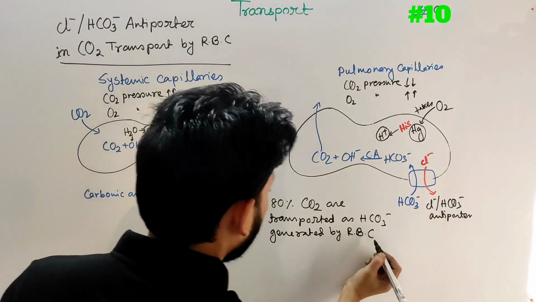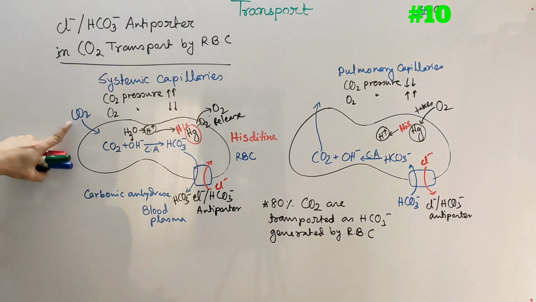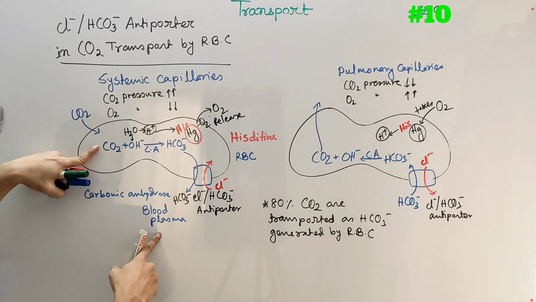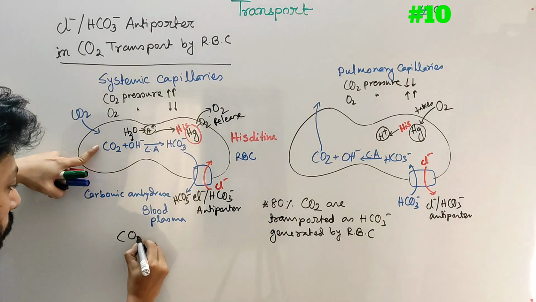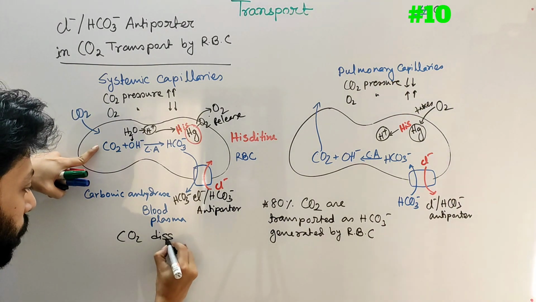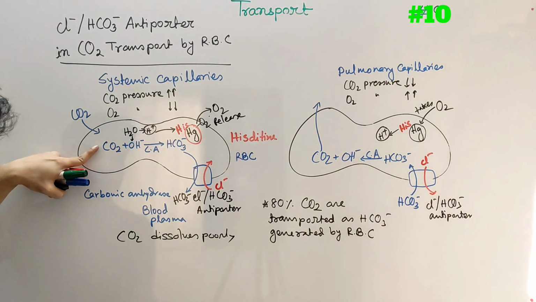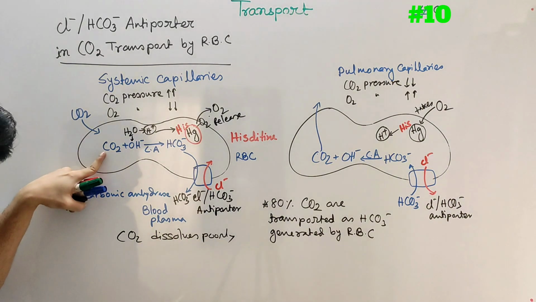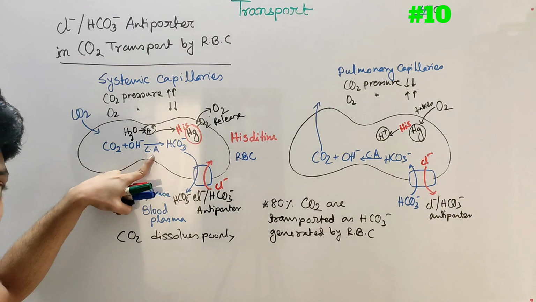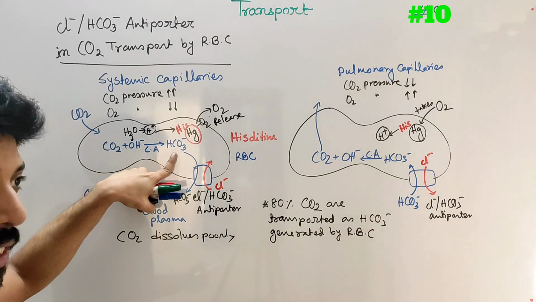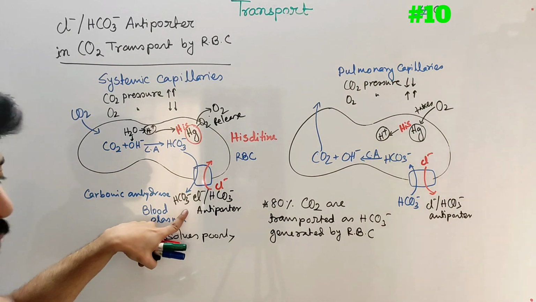So basically red blood cells take the carbon dioxide because in the blood plasma carbon dioxide dissolves poorly. So that carbon dioxide enters the cells, and is converted with the help of carbonic anhydrase into bicarbonate. This bicarbonate comes down to the blood plasma.